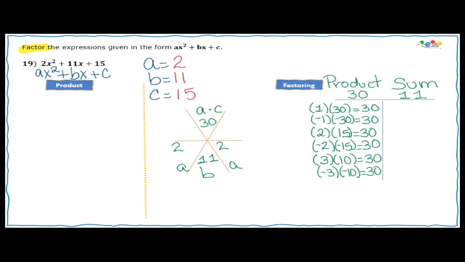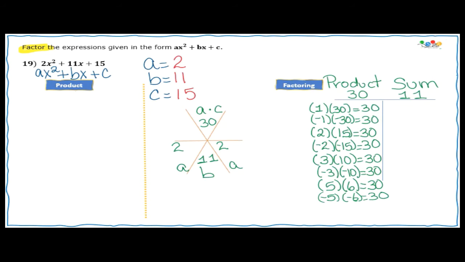So what about 4? 4 times what gives me a 30? Nope, not really, right? What about the next one? Yeah, let's go with 5 times 6 gives me a 30, right? And also negative 5 times a negative 6 will give me a positive 30, right?